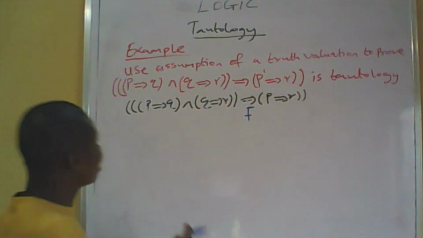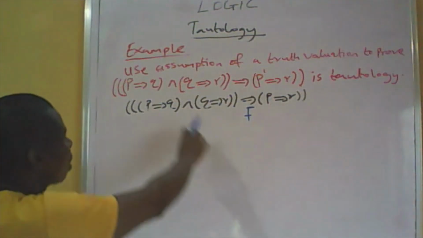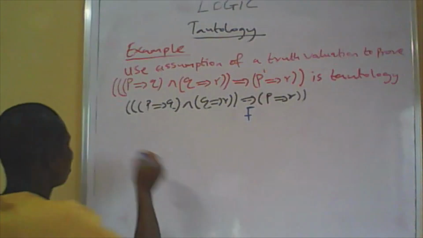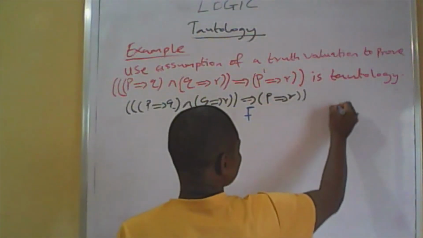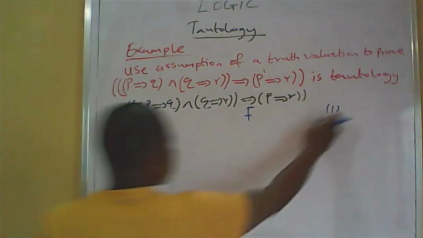So, if here is false, it means that this one is true, this one is false. I call it line 1. I'll bring it here.